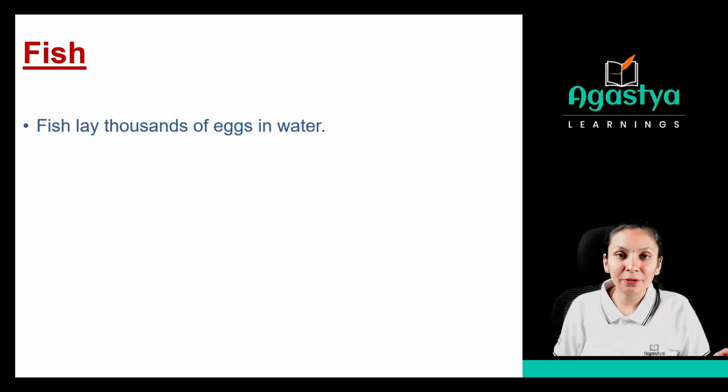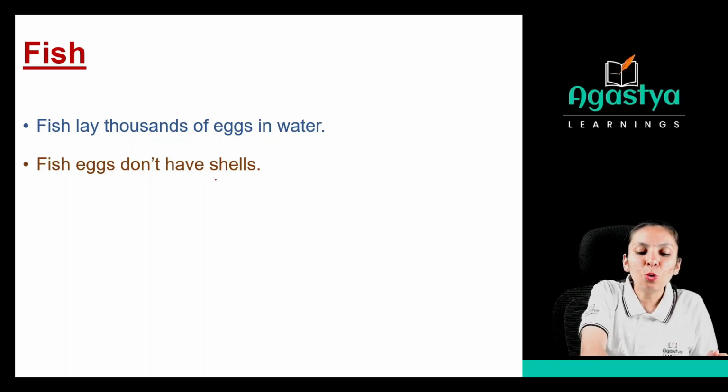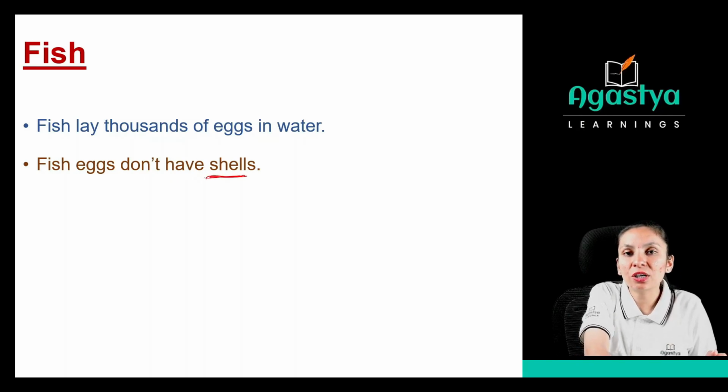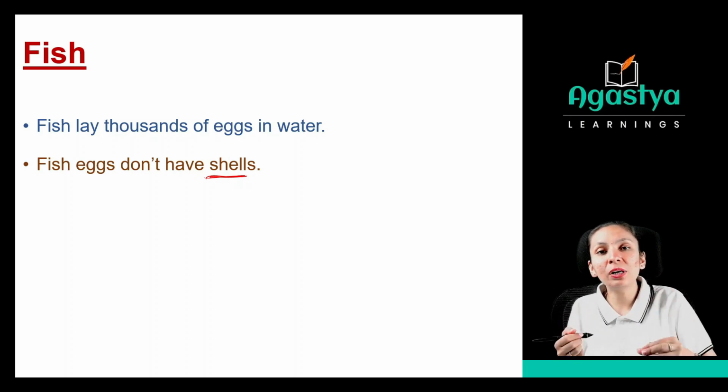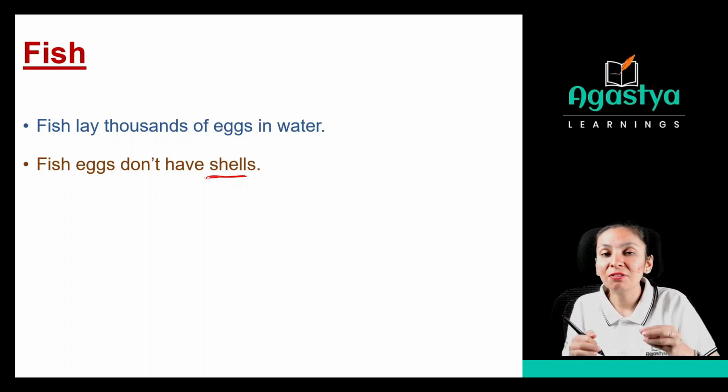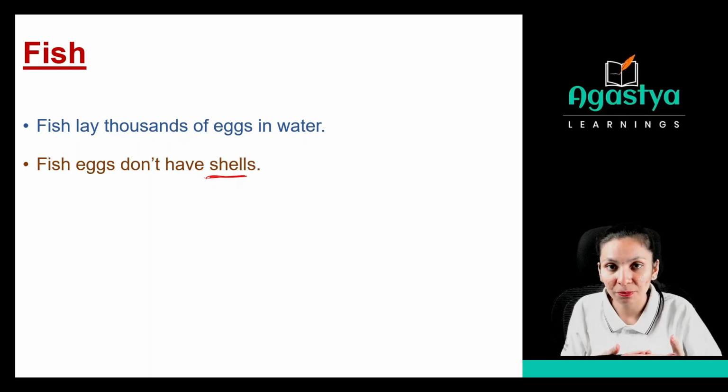So it also lays thousands of eggs in water. But these eggs don't have any kind of shell-like structure to protect them, right? As they are not having a shell-like structure around the egg, there will be no protection. So only a few eggs will be there from which we are having the adult fish.